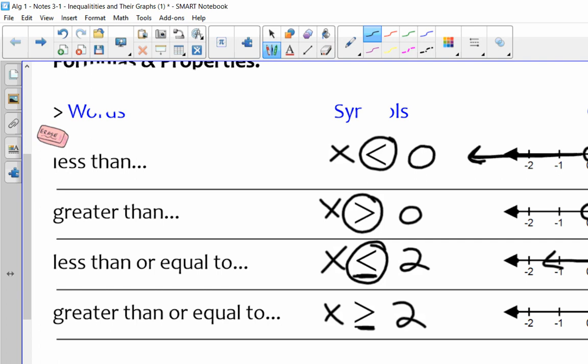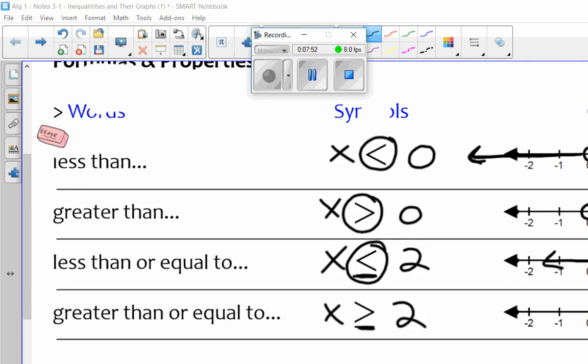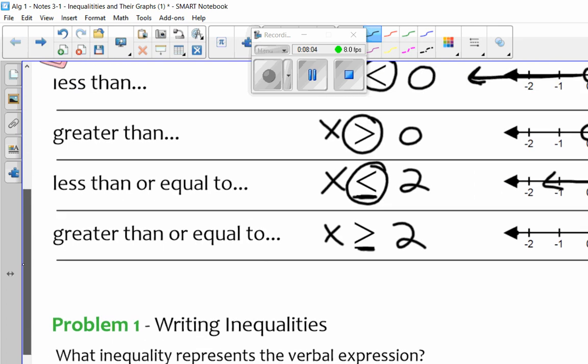So I'm going to go to 2 and I'm going to put a closed circle. My arrow is pointing to the right, so I'm going to draw my arrow going right. So there you go. Taking the different inequality terms, associating them with the symbol, and then being able to graph it on a number line.